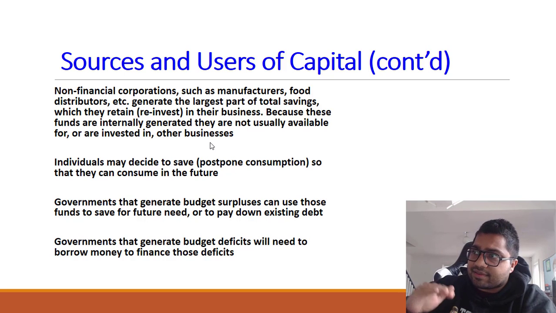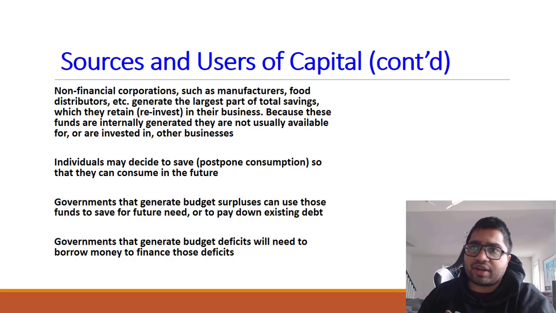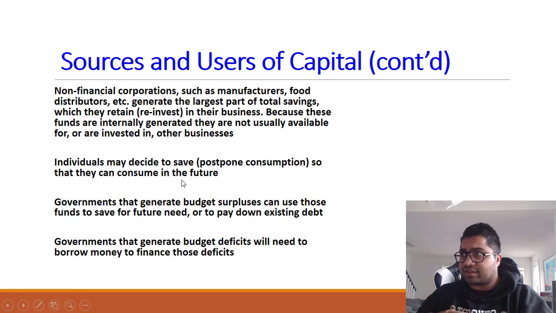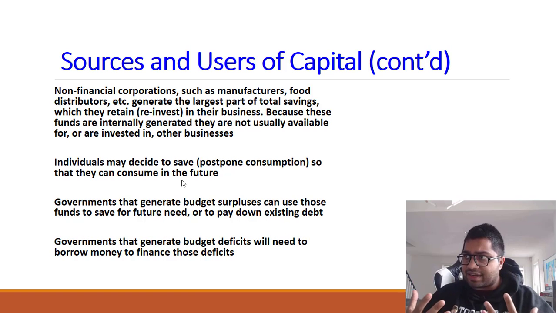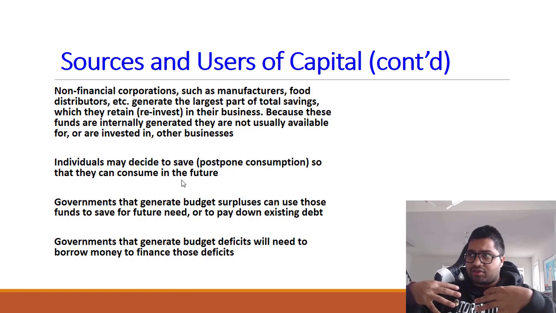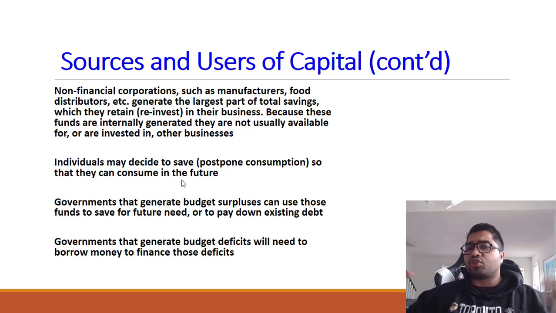So in that case, the savings are not available for external users. Individuals may decide to save, postpone consumption so that they can consume in future if they expect returns. So you decide not to spend that money but to save it because you expect your money to grow.